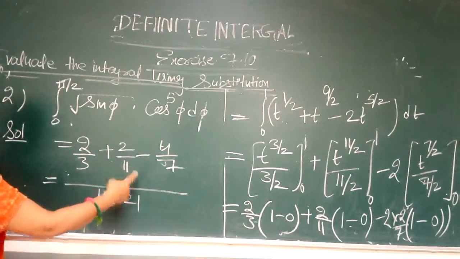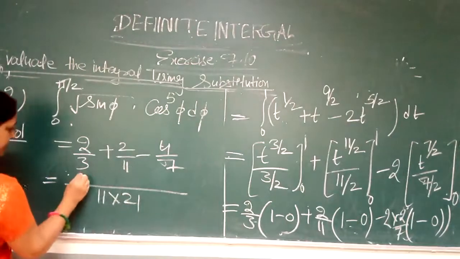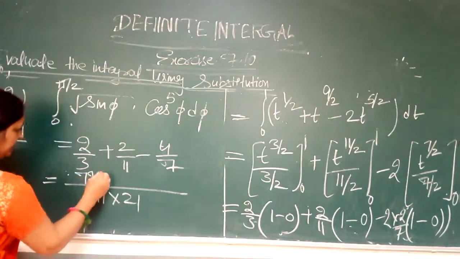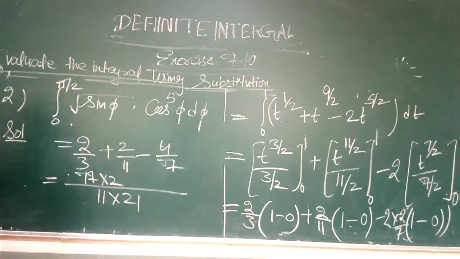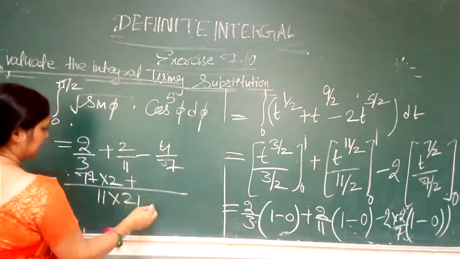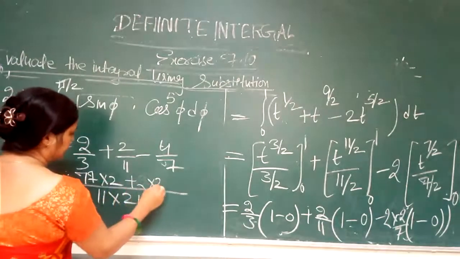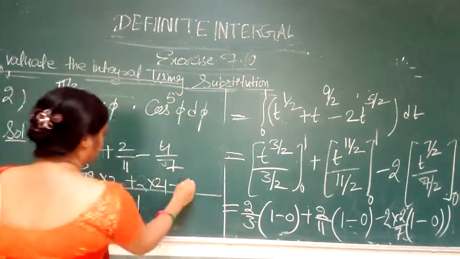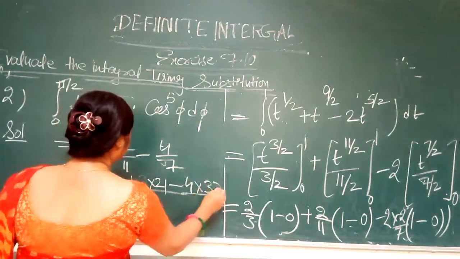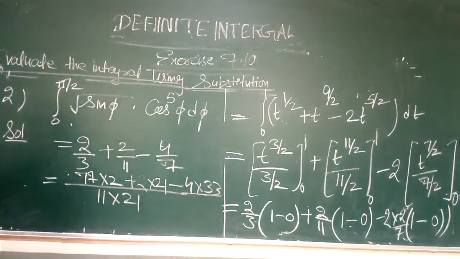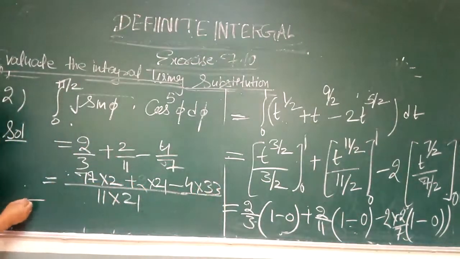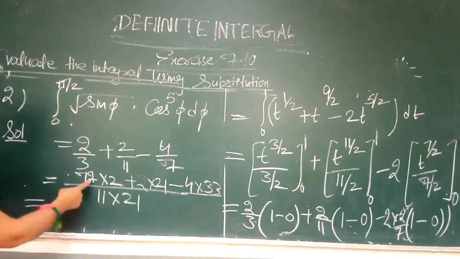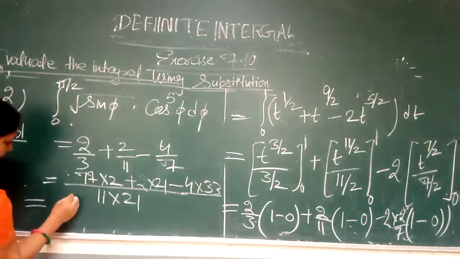It will come 77 into 2, after that plus 2 into 21, after that minus 4 into 33. Now what will come here? Multiply it.